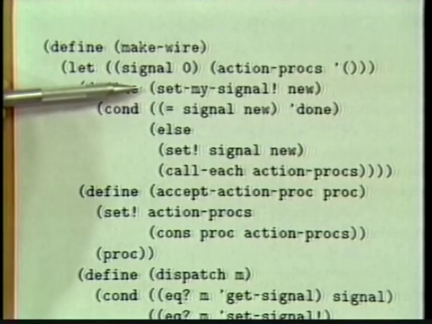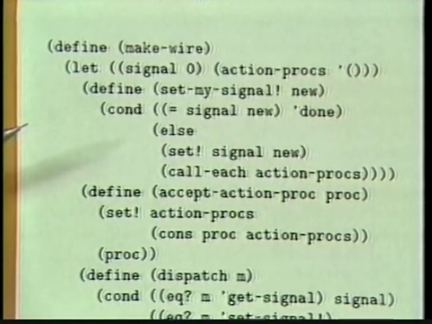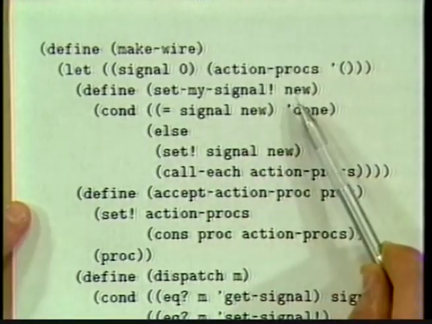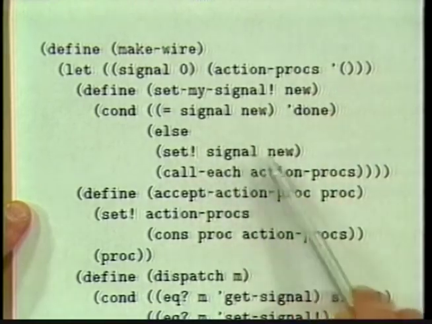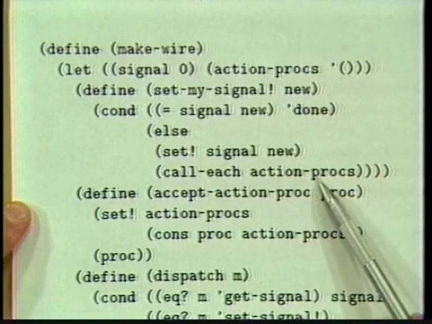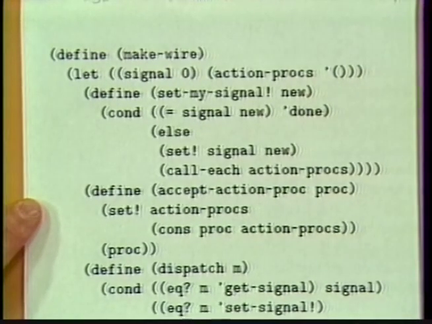One of them is called setMySignal to a new value. And what that does is takes a new value in. If that's equal to my current value of my signal, I'm done. Otherwise, I set the signal to the new value and call each of the action procedures that I've been, what's the right word? That I've been introduced to.